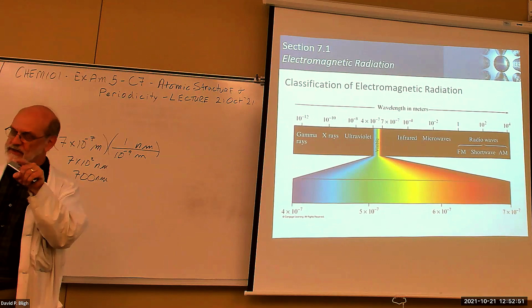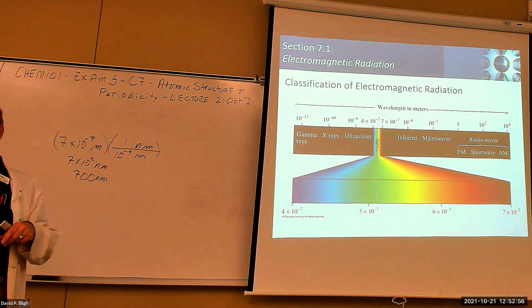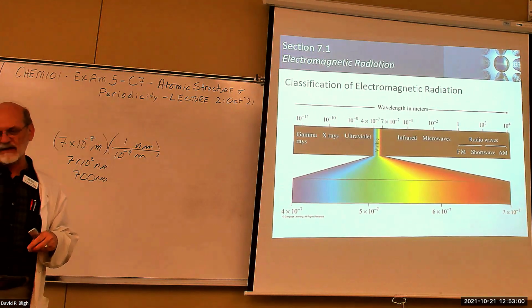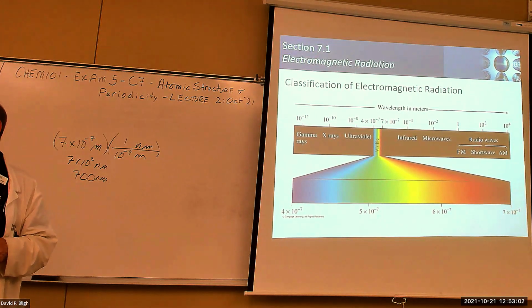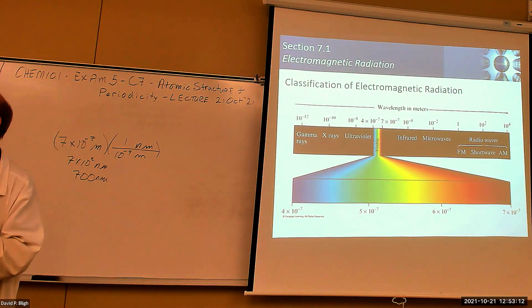So that's why you have power settings on your microwave. You say, all right, instead of 3 minutes at high power, 100% power, I'll make it 20 minutes at maybe 20% power. And that gives it time to heat all the way through the food. Anyway, microwaves are used for that. They're also used for information transfer.